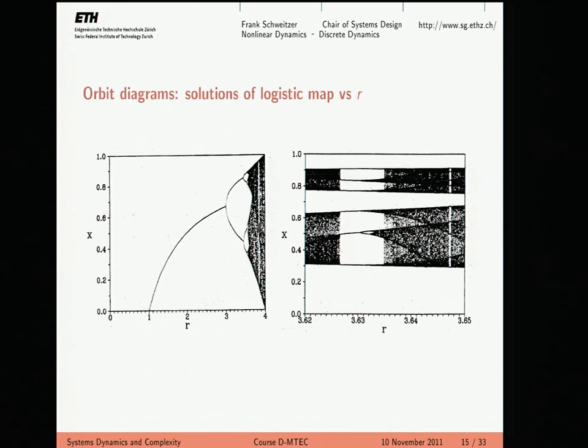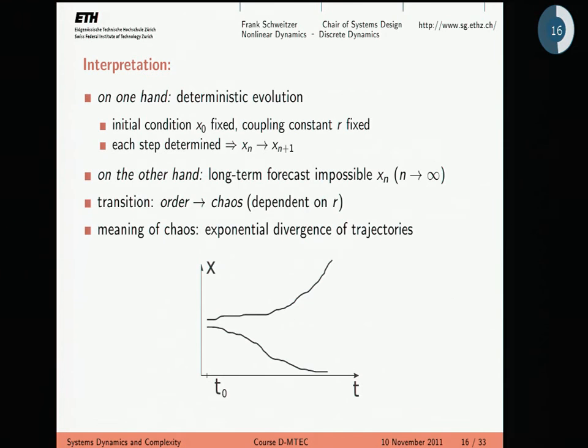So nearby initial values, infinitely close to each other, would result in completely divergent long-term values. And the only way that you can now be sure what your value is, is to calculate it again. You cannot make predictions, that's the point. As you mentioned at the beginning, you cannot make long-term predictions because given a very small amount of uncertainty in the beginning, you end up at a completely different state.